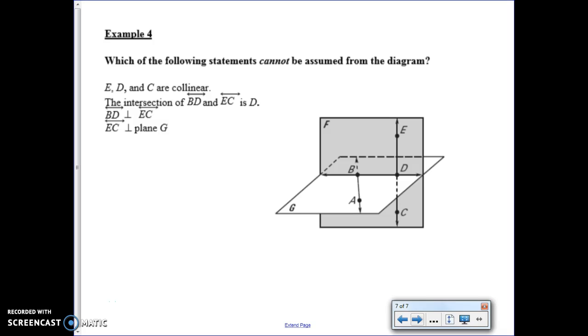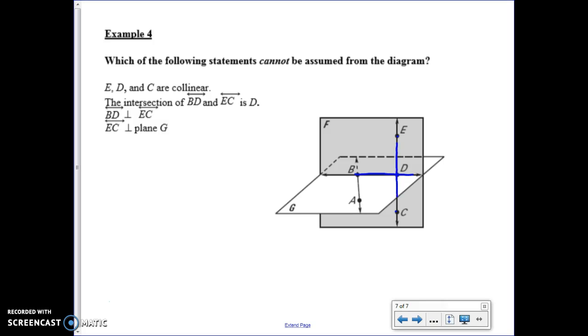All right, which of the following statements cannot be assumed from the diagram? So E, D, and C are collinear. It looks to me like these 3 points are all sitting on the same line. They're collinear. We can assume that. The intersection of BD and EC is point D. So BD is right here, EC is right here.